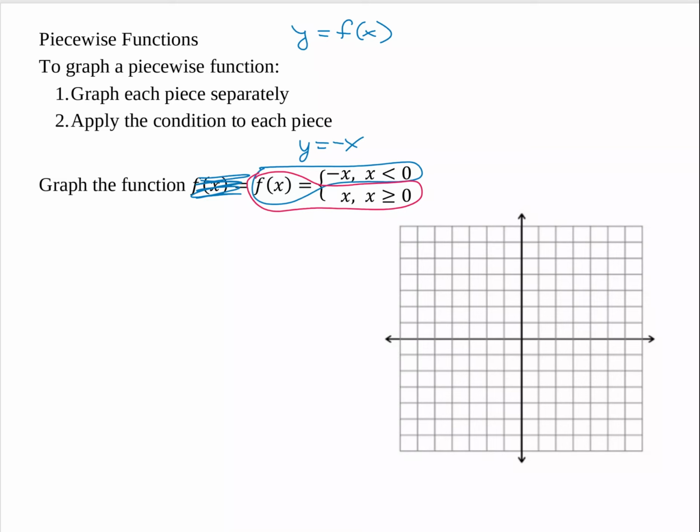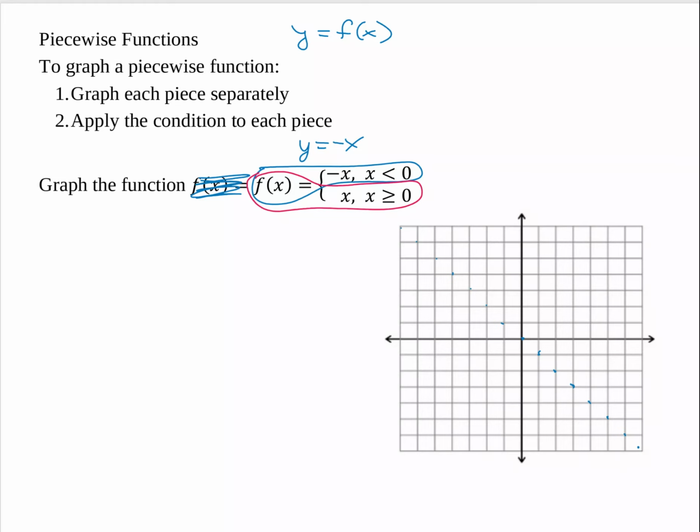Where do I start? On the origin, the y-intercept is 0. So I start here, I put a dot, and then my slope is negative 1. So I go down 1, right 1 a whole bunch of times, put a dot each time, and then I go up 1, left 1 a whole bunch of times. I'm not going to draw the line yet, though.